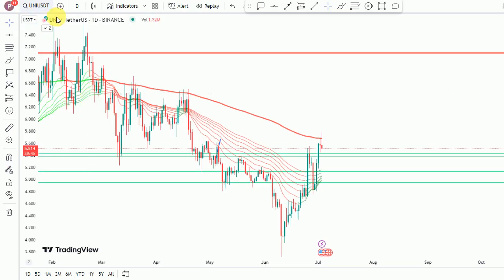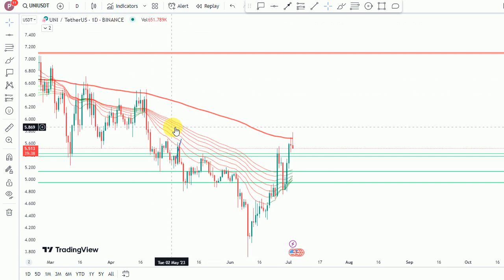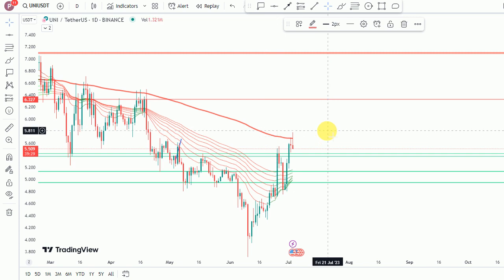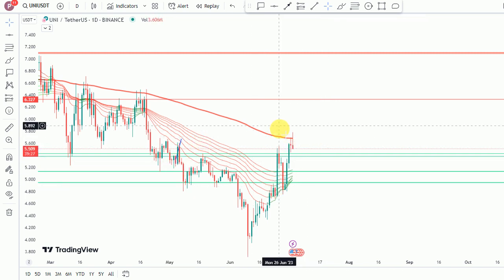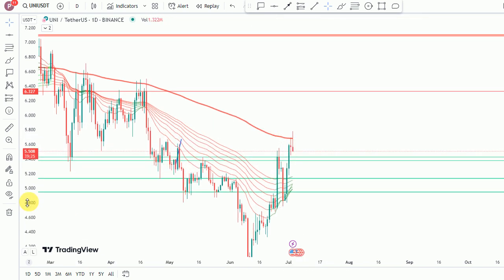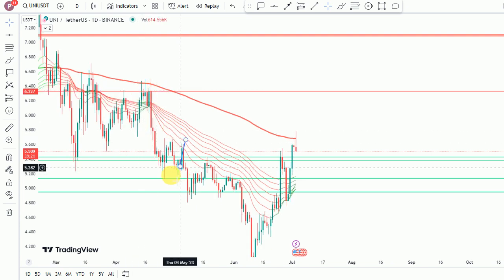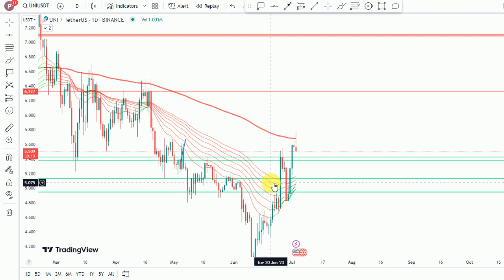So we are on the chart for UNISWAP or UNI versus the US dollar. We are on the daily time frame and Binance is the data source, and we have all our levels drawn right here. Levels are where we see the most touch points.